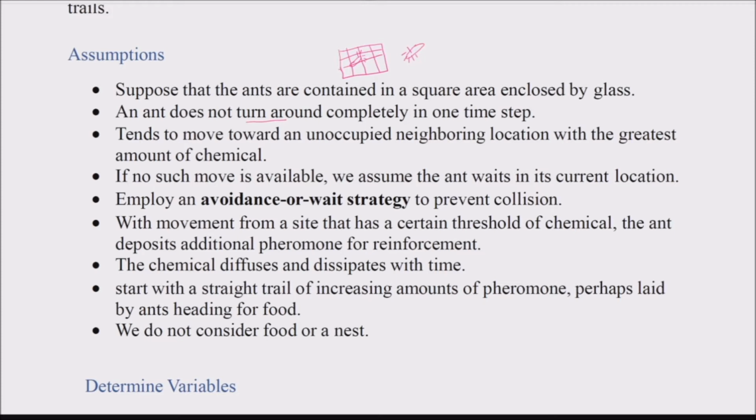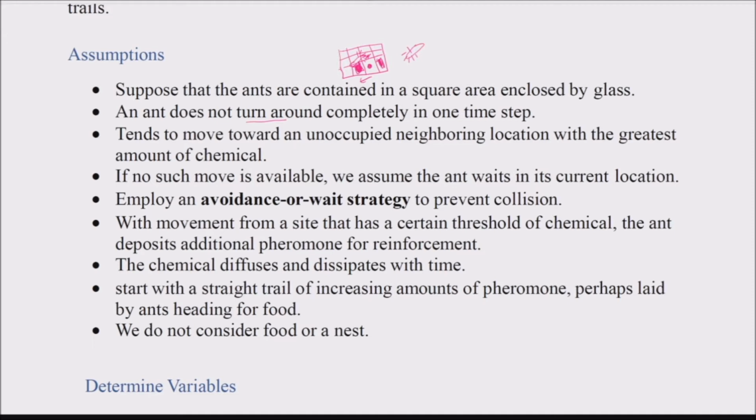If the ant is here, the next move of the ant will be toward the highest number of pheromones. So either this one, this one, or this one, whatever has the most chemical. If this one has more chemical, the ant is going to move that way. That's what it means.